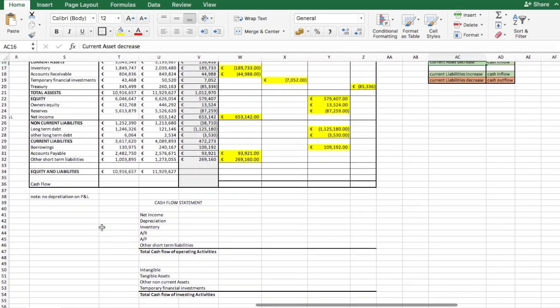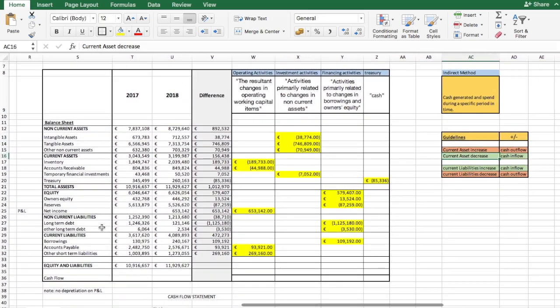So here I prepared a box, let's say a big box, with the information that we're going to migrate into the cash flow statement. But this is a balance sheet, okay? So from the balance sheet and the P&L, we're going to get all the information to make a cash flow statement. So this is an ordinary balance sheet from 2017 and 2018.